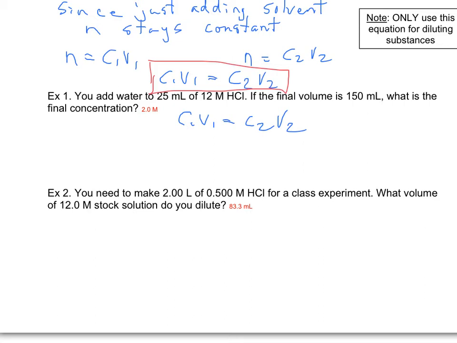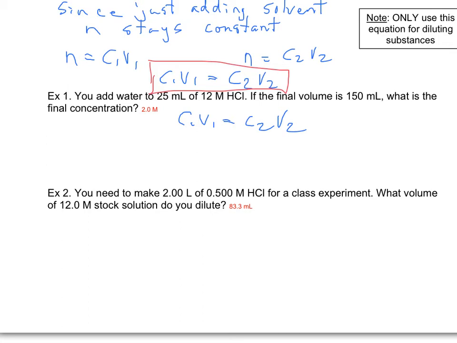Now you can plug in any units for C1 and V1. You don't have to convert the volumes into mL, and you don't have to have the concentrations in moles per liter. It could be in molarity, percentage, ppb, whatever works, as long as the units that you sub in for the one side are the same units that you sub in for the two side.